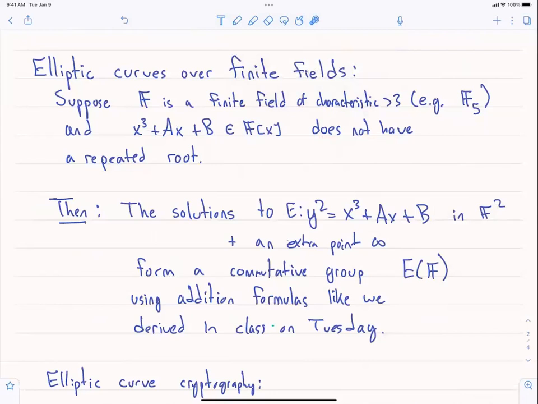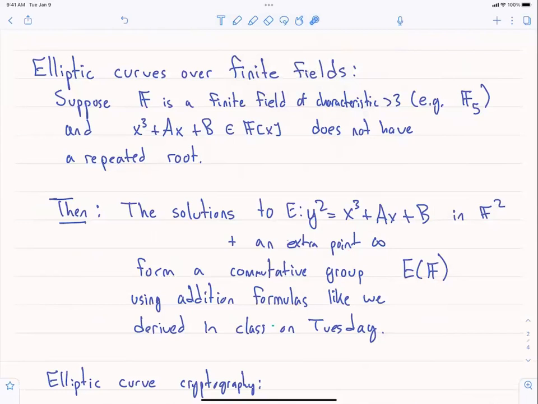And so if you do this, then you can look at the solutions to the equation y squared equals x cubed plus ax plus b, where x and y are both elements of your finite field F. And then you also throw in an extra point at infinity, just like we did when we were looking at this kind of equation over the real numbers. And together these form a commutative group, which we write E(F).